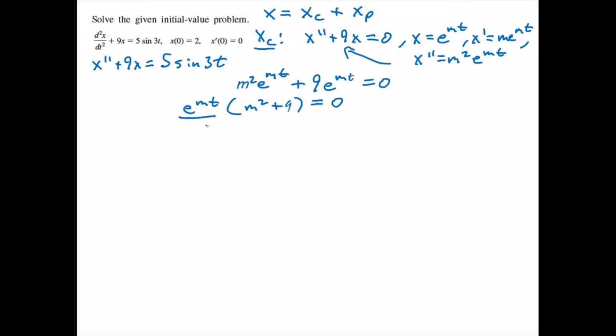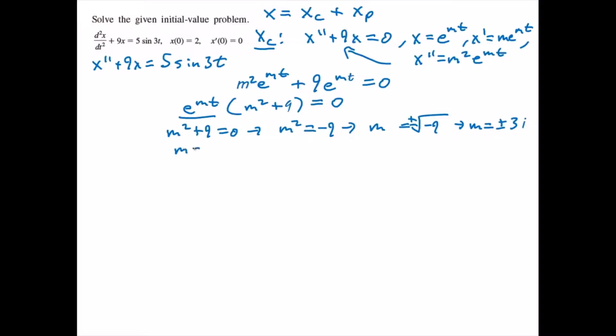Now e to the mt cannot be 0, meaning that m squared plus 9 will be 0, telling us that m squared will be negative 9, thus m will be plus or minus the square root of negative 9, meaning that m will be plus or minus 3i.